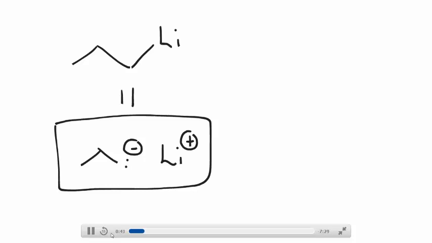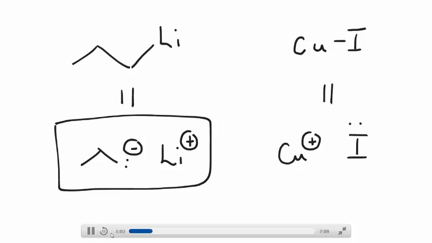Where you're actually sharing electrons. What's going to happen is this chemical species is put in solution with copper iodide, and this is copper(I) iodide. Again, this is how your book is drawing it, but what you have is a Cu+1 and an iodide with a negative charge.